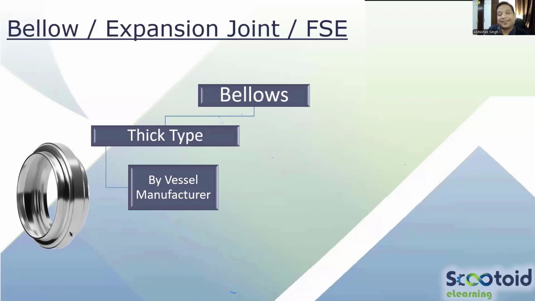And then there is a vendor, which can supply standard items like bellows or any other standard item. Like for dish forming, you can hire a vendor. Okay. So the thick bellows are made by the vessel manufacturer. So if the vessel manufacturer is making them, who will be designing them? The vessel manufacturer. Okay. So those people will be designing also. So designing and fabricating.